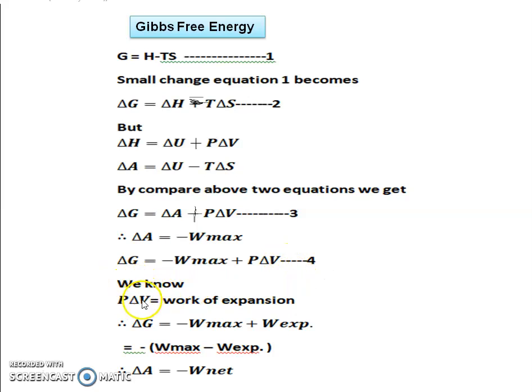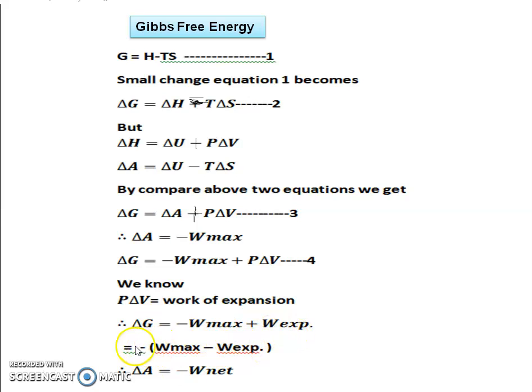But you know that P delta V is the work of expansion, so delta G is equal to minus W max plus W expansion.